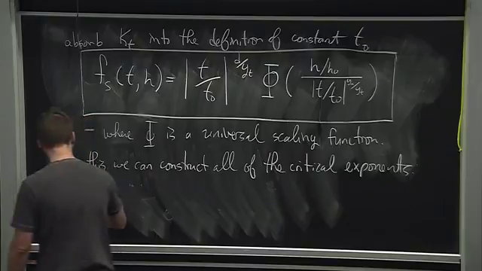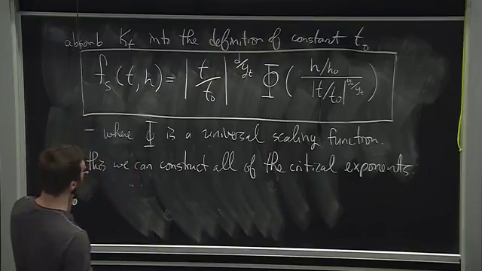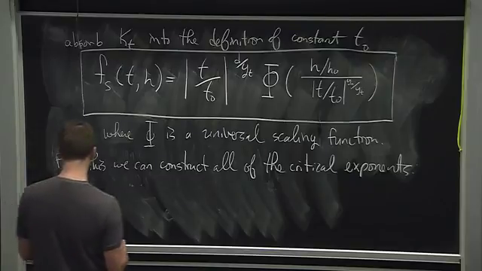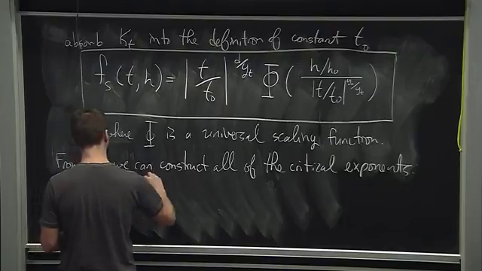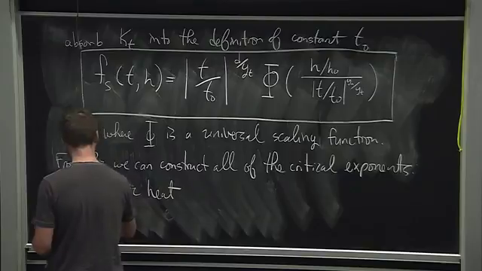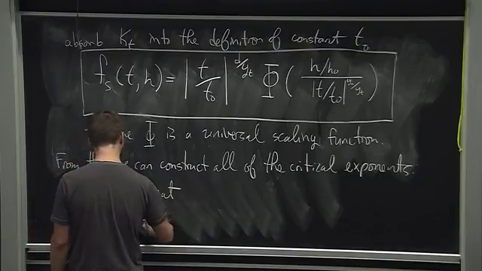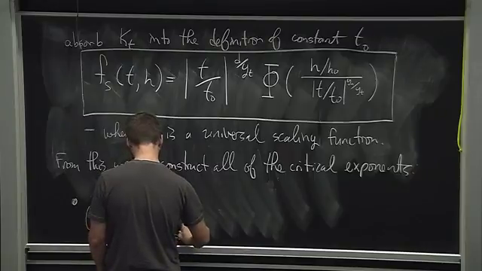Okay, so for example, for the magnetization, we know, now let's do specific heat first. So specific heat, I can set H to 0, because it's not a response to H, it's a response to T. So set H equal to 0, second derivative of the free energy with respect to temperature squared, but H equals 0, I can say.